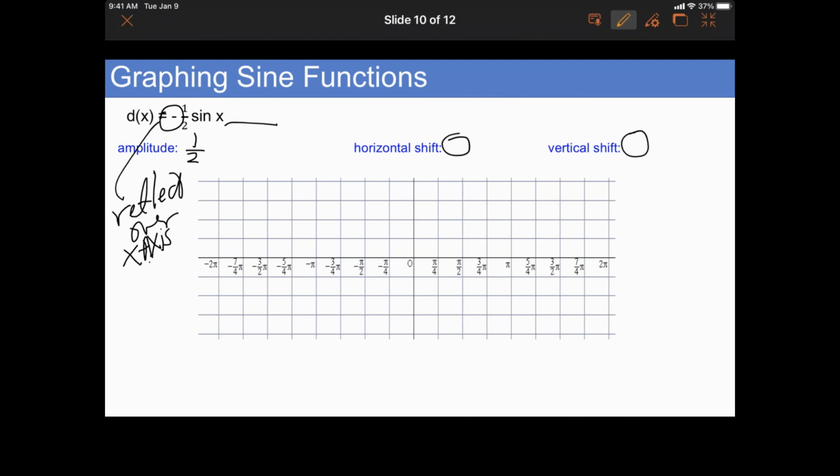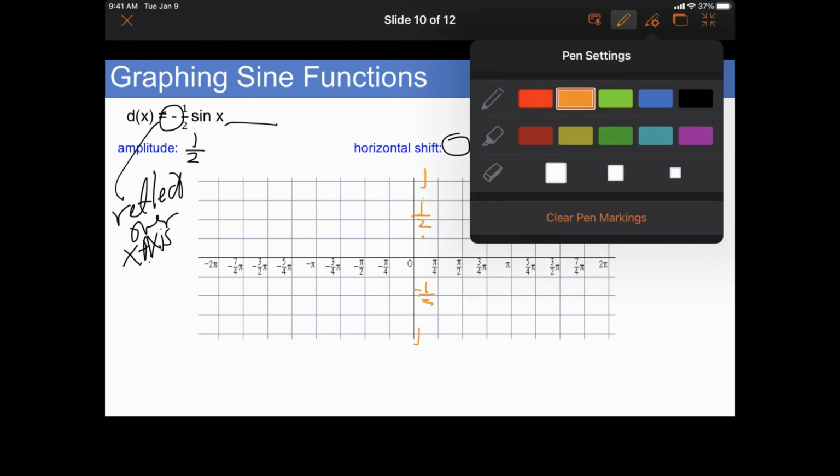Now, because it's 1/2, and you can really, if you want to put 1/2 here, that's fine. It's really up to you, or you can put 1/2 here, or wherever you want, really. Now let's put it there. Sure, why not? So the highest point will be at 1/2, the lowest point will be at -1/2.